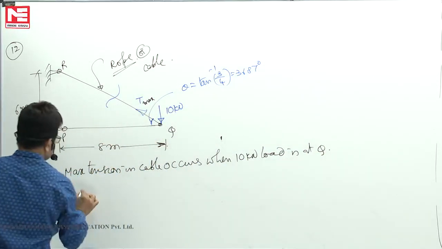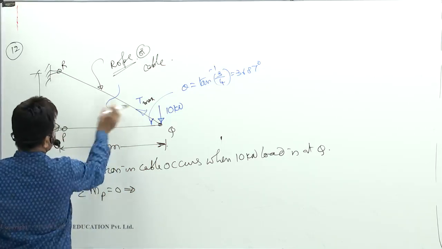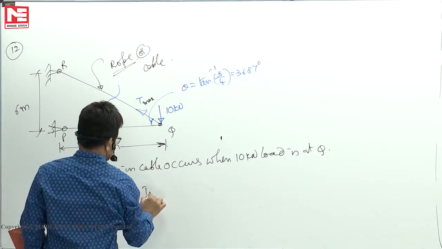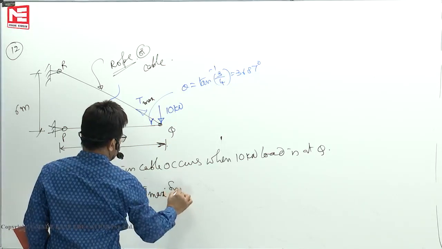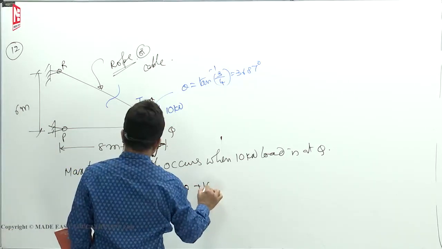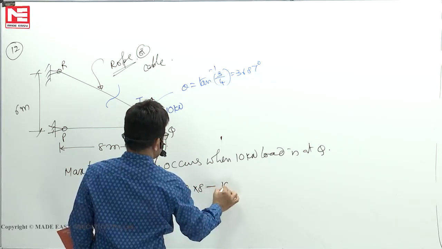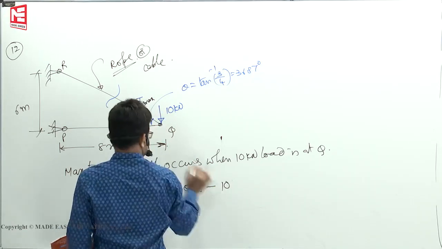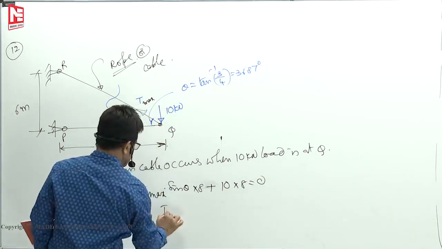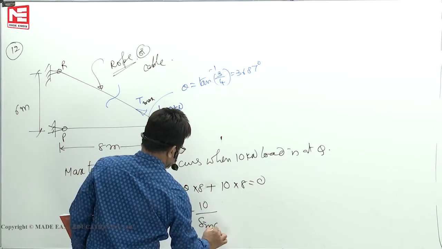Okay. Now take moments of all forces about P equal to 0, because this you are cutting, throwing it out. T max you are replacing. So T max into sine theta anti-clockwise, minus T max sine theta into 8 plus 10 into 8 must be 0. So T max is equal to 10 by sine theta.